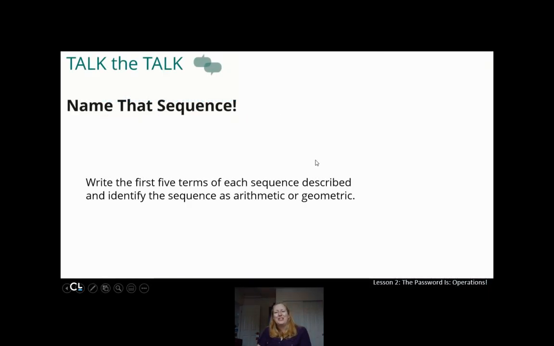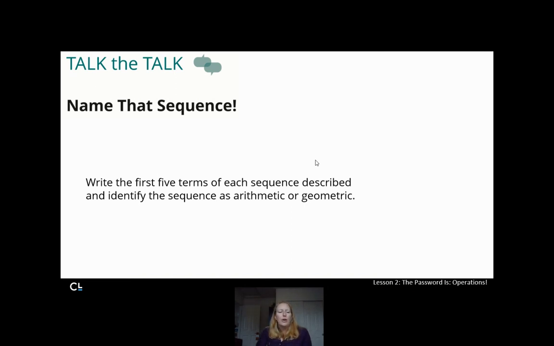So now that you're feeling a little better about this, let's practice some more with our arithmetic and geometric sequences. We really want to make sure we have that down super solid. So we're on Talk the Talk. We've moved over to the next page here. I believe that means we are on page 108.